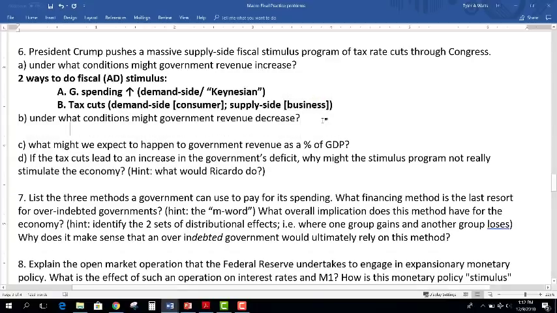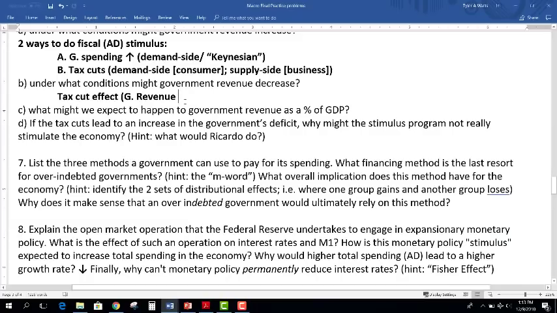So that brings us to the second part of this question. Under what conditions might government revenue decrease? Well, that is the tax cut effect, which means government revenue goes down, is going to be larger than the economic growth effect. Because more economic growth could mean government revenues go up.